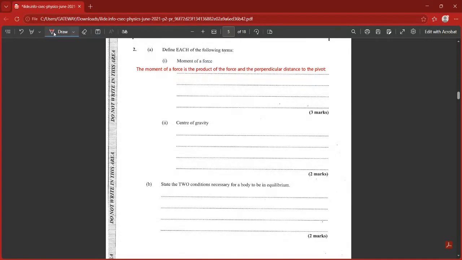Now, what I have for the formula: I have M for moment, capital M. The unit for that is Newton meters. So I put the unit in brackets, is equal to force, the unit for force is newtons, multiplied by the distance, which is d, and the unit is meters.